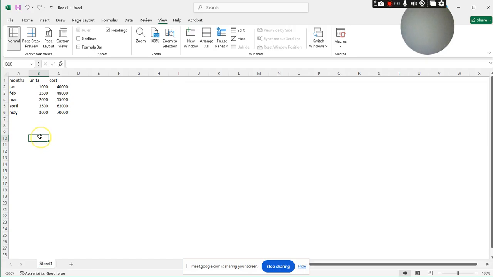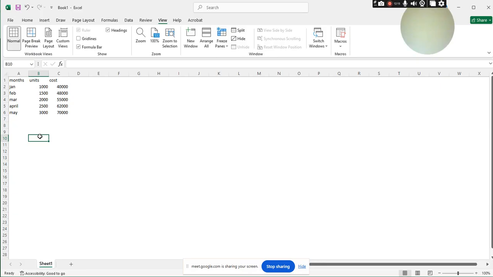All right. So the first step in solving this, now if you notice this cost here, they did not tell us whether it is a fixed cost or variable cost. This is total cost, right? It is not variable.